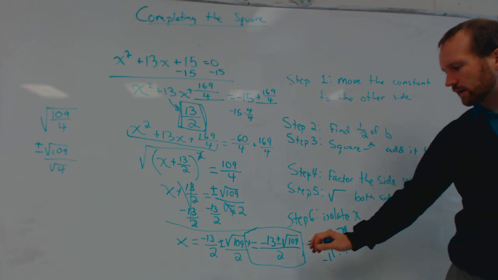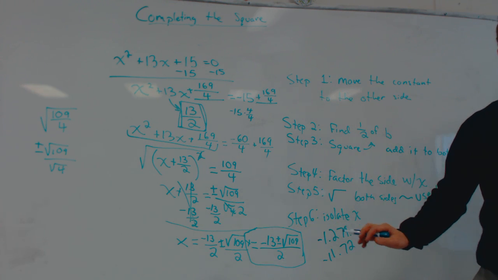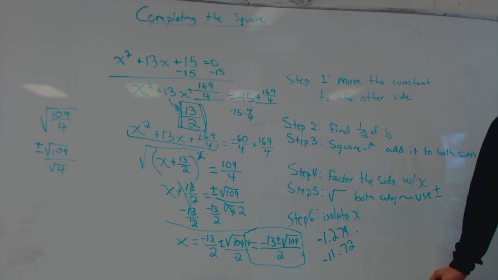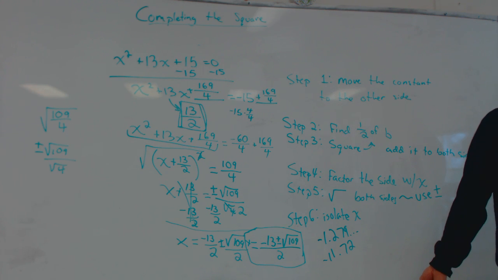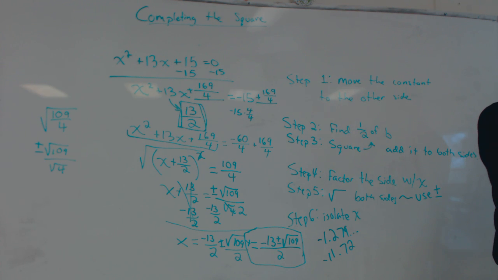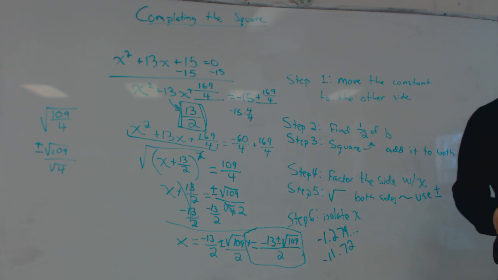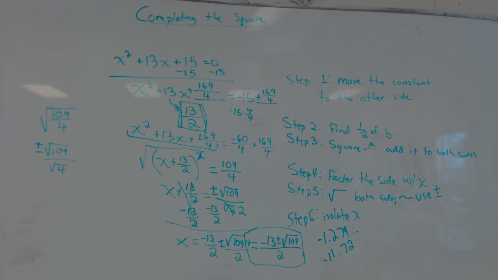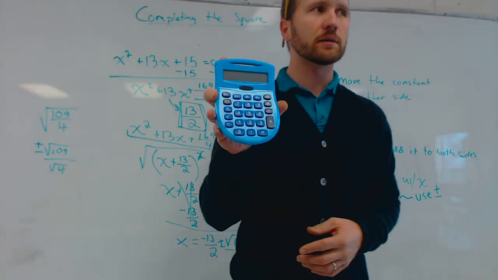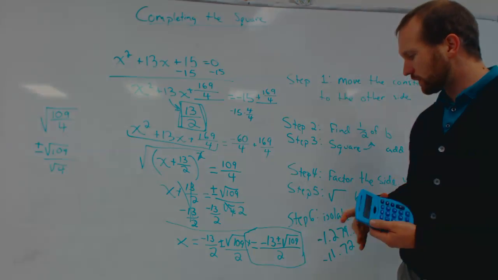You can leave the answer like this, that's fine with me. It's negative 13 plus, and then you have to do the square root of 109. That won't work in that calculator though, because it's not a scientific calculator. If you want to use one of these calculators, you would have to do this first.